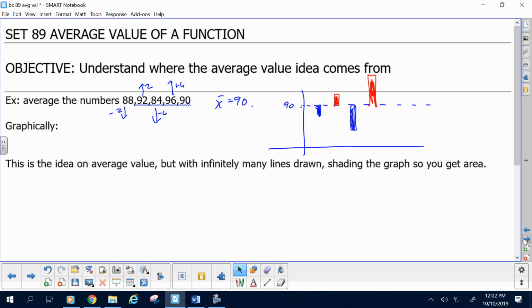All right, so then it seems like the total distance below and the total distance above should knock each other out, right? Yeah. Okie dokie.